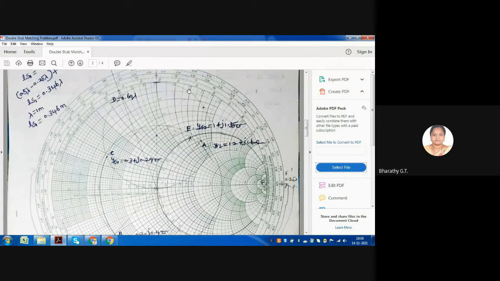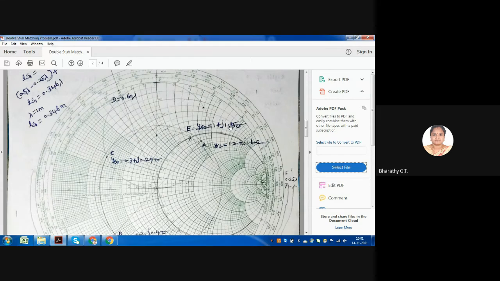It is exactly between 1.4 and 2, so this will be 1.3, at the center of these two. So it is represented as 1.35. Have you got it?